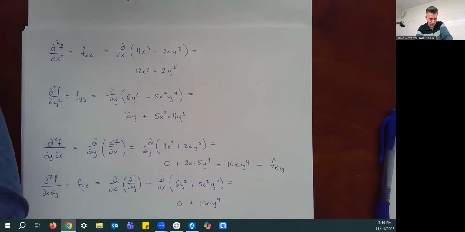This function is one of the simplest examples of a function that fails to meet this criterion. It fails to have the mixed partials equal to each other.